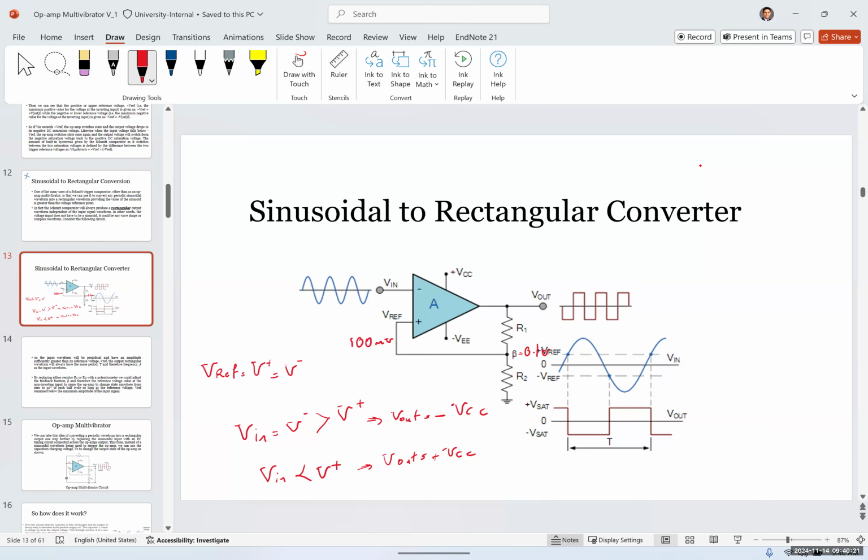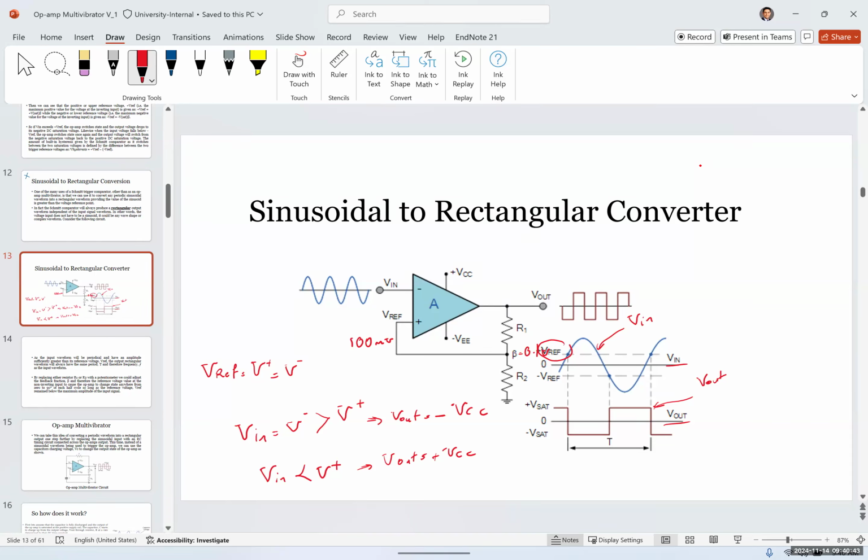Now here is what happens, and you can see it from this graph as well. By the way, this sinusoid signal is our Vn, and this rectangular one is our V out. When Vn is greater than V reference, then V out will go from positive saturation to negative saturation.